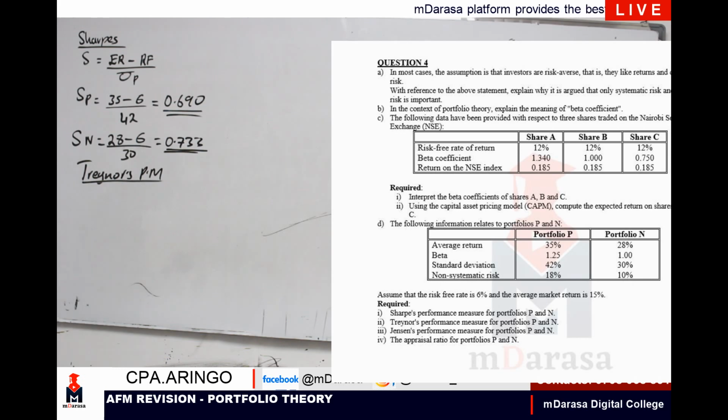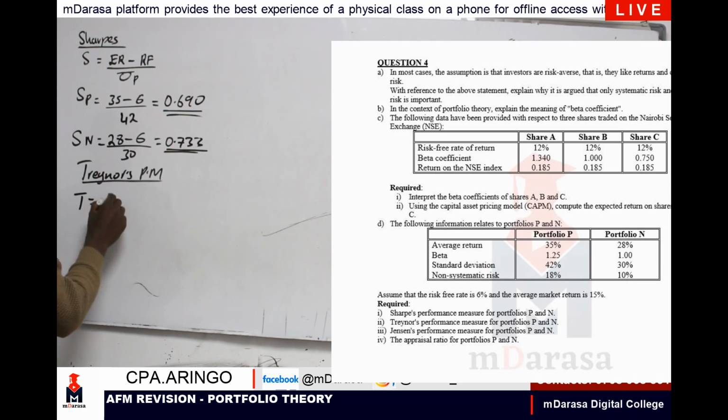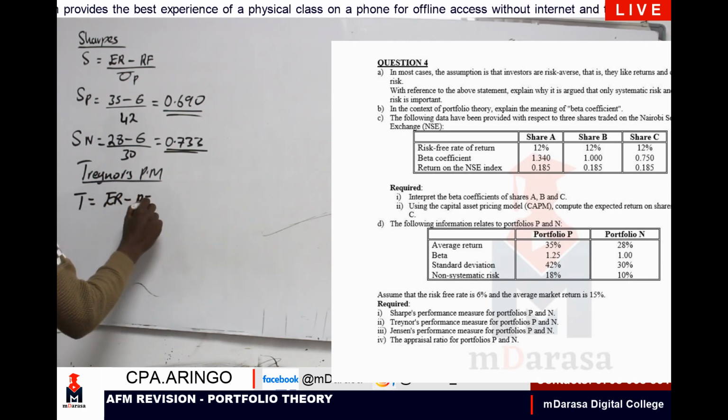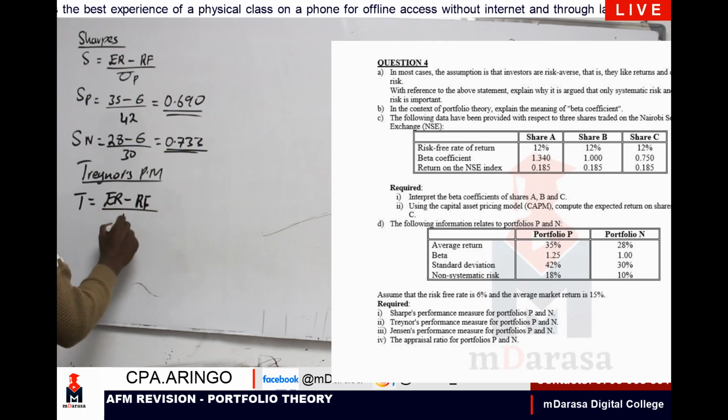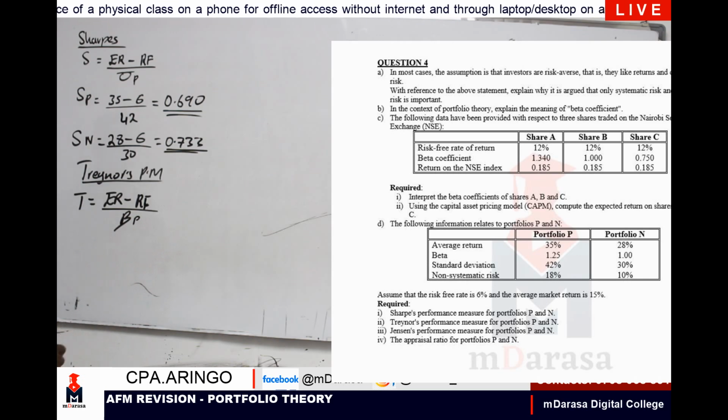Traynor's model uses beta factors to evaluate the performance of the securities. So for Traynor's, I'll be having my expected return minus risk-free, and we divide by the beta of our portfolio or the security that you're looking at. That is the only difference comparing the two.